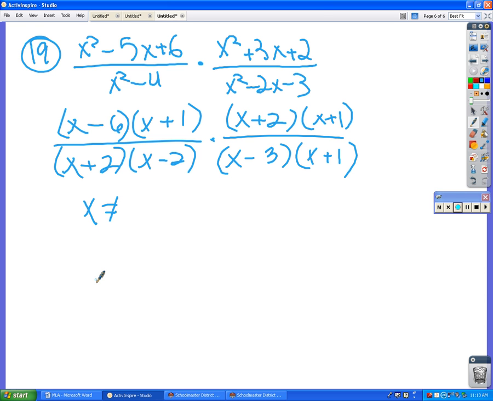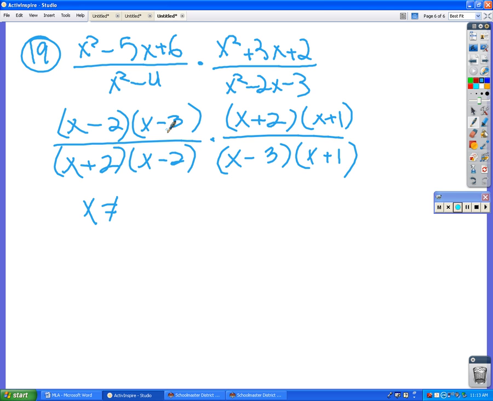This is incorrect because negative 6 plus 1 is negative 5, but negative 6 times 1 is negative 6, and we want a positive 6. So we have to go x minus 3 and x minus 2, because negative 2 plus negative 3 is negative 5 and negative 2 times negative 3 is positive 6.